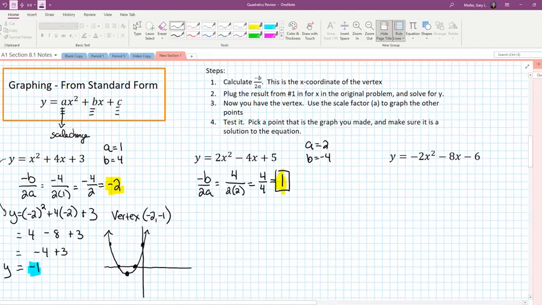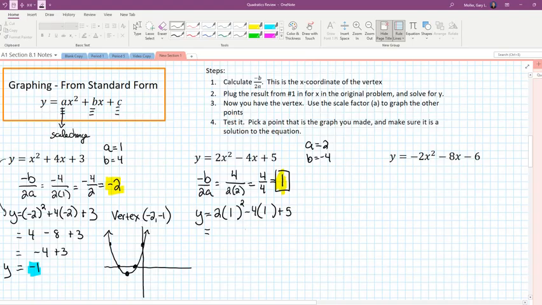And now we just go to y equals 2x squared minus 4x plus 5. Everywhere there's an x, put parentheses and then plug the 1 in. So I get 1 squared. Some of you are doing the multiplication first.